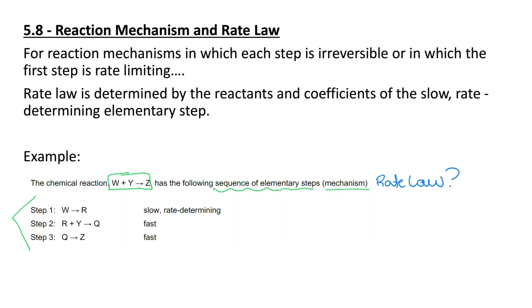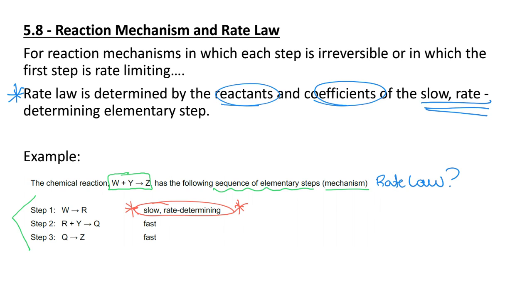And what we want to look at is the rate law. Let's see, this section right here is determined by the reactants and coefficients of the slow step or rate determining step. So if you're given a series of steps, you want to find the slow rate determining step.